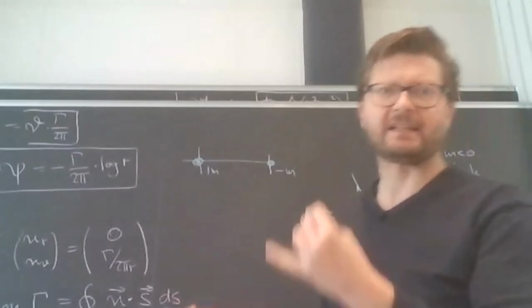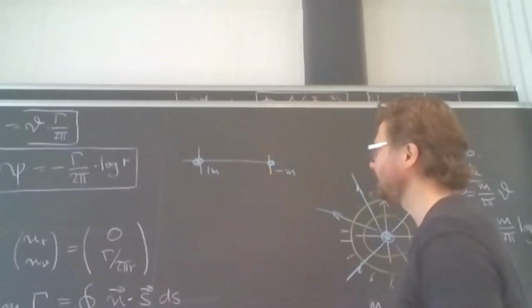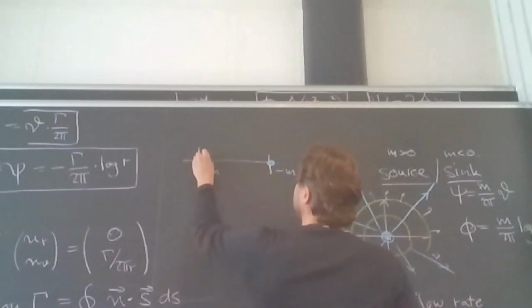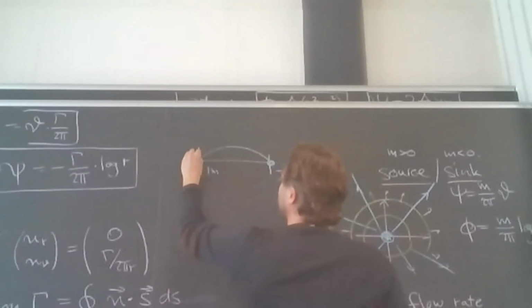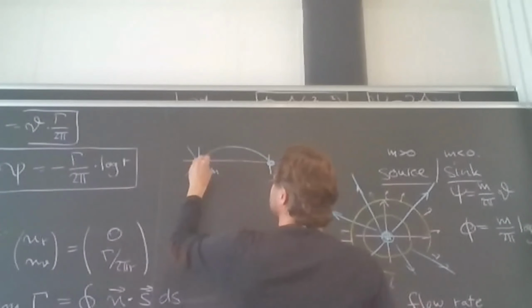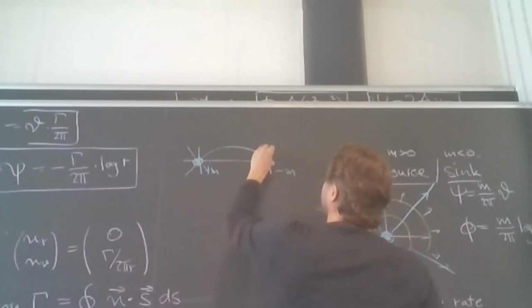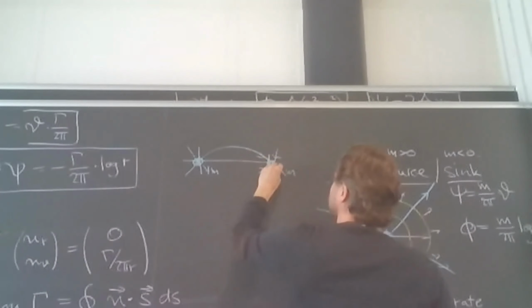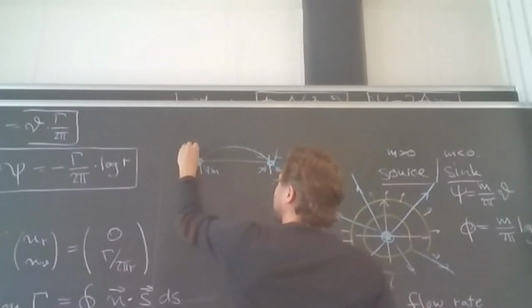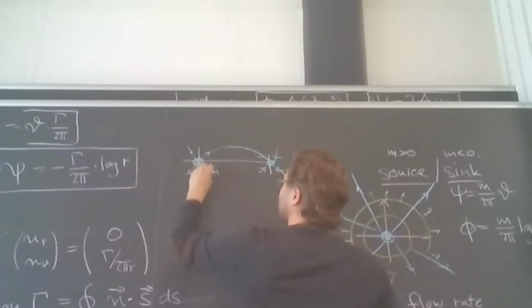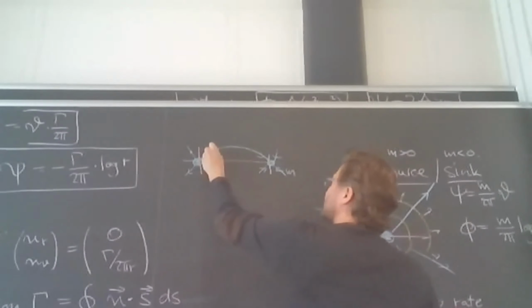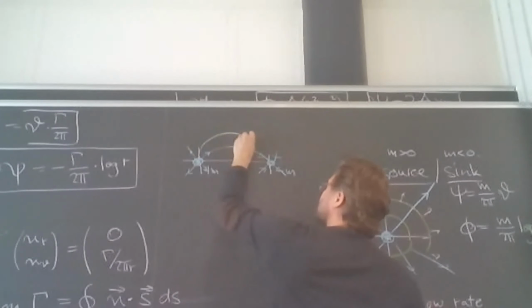So both will cancel out. What flows out of one goes back in the other. And locally, the streamlines will look like that. Here it goes in and here it comes out. But there will be a connection between the two.